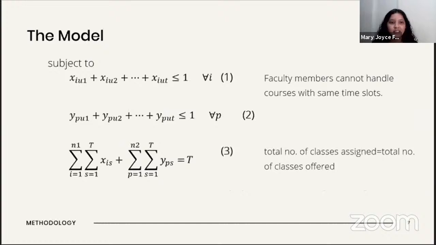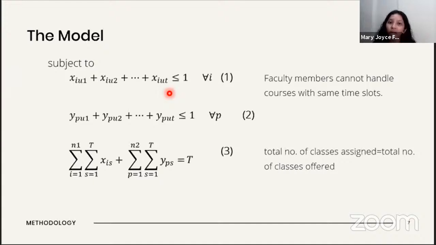So subject to, number 1 and 2 equations are the same. They restrict the model so that faculty members cannot handle courses with the same time slots. Ibig sabihin nito ay kapag inadd natin yung binary niya sa lahat ng subjects na may same time slot or same day, dapat 1 lang.